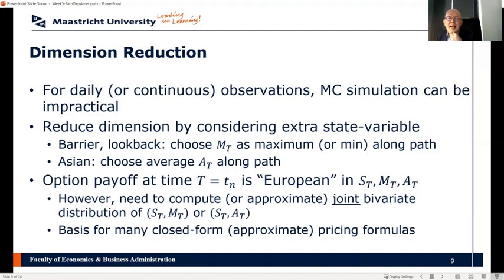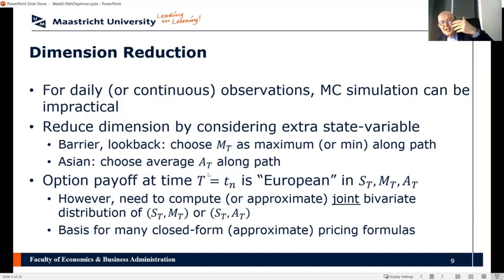Again, in a Black-Scholes type of model, we know in closed form the joint distribution of the maximum of the Brownian motion and the final value of the Brownian motion along a path.